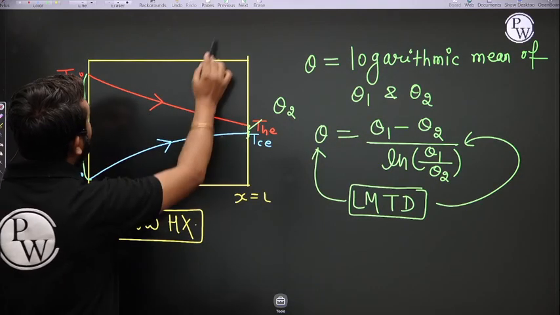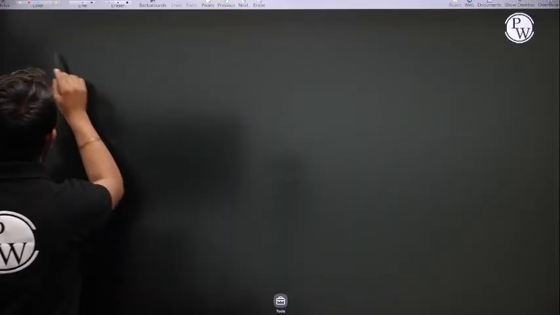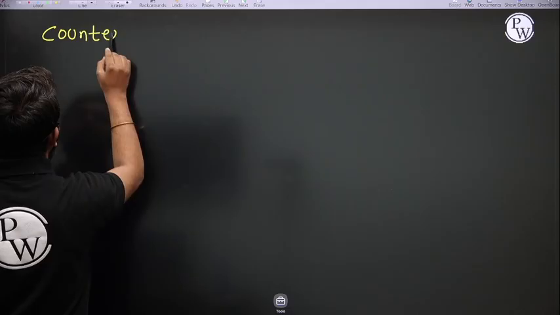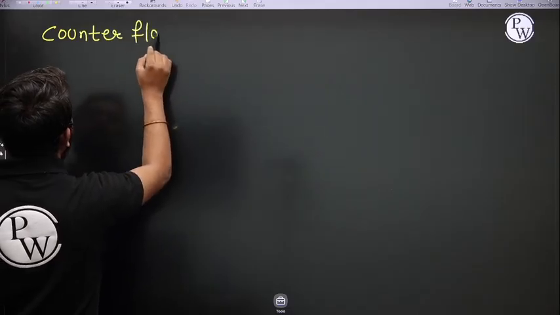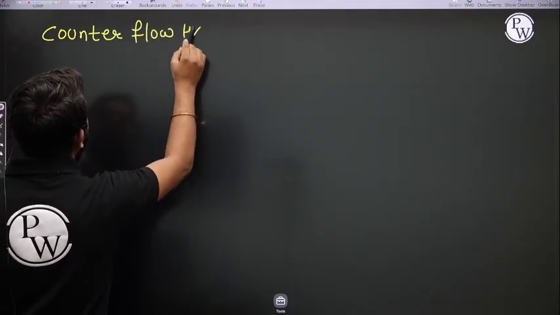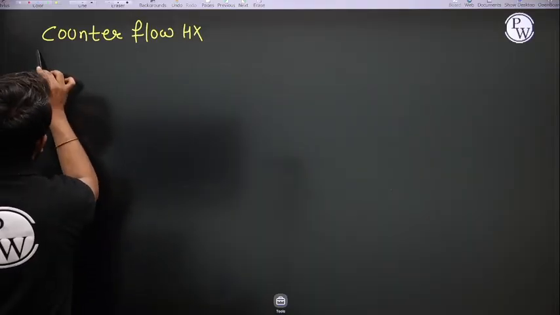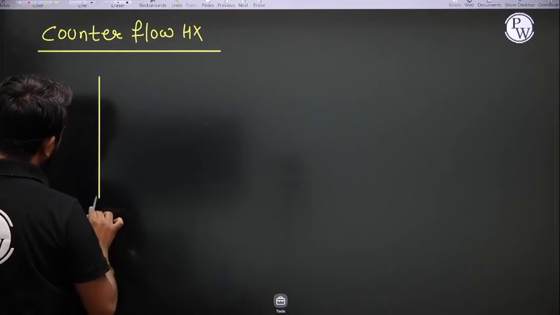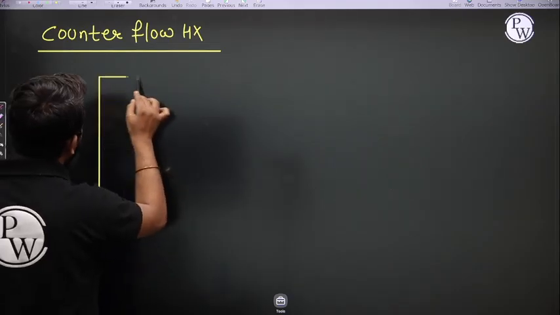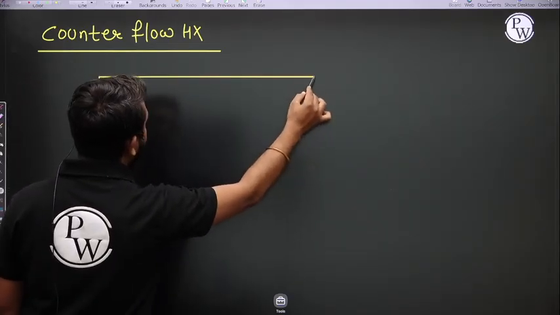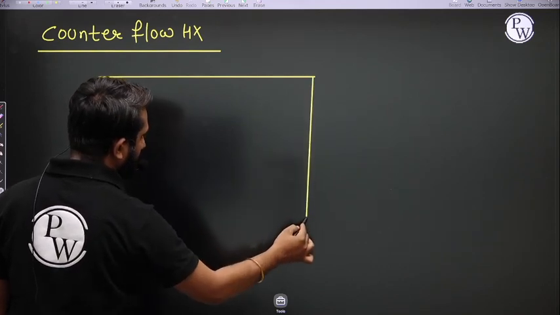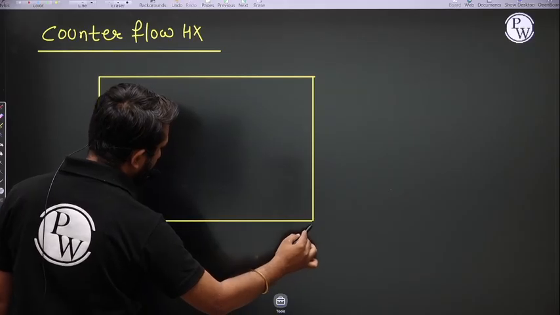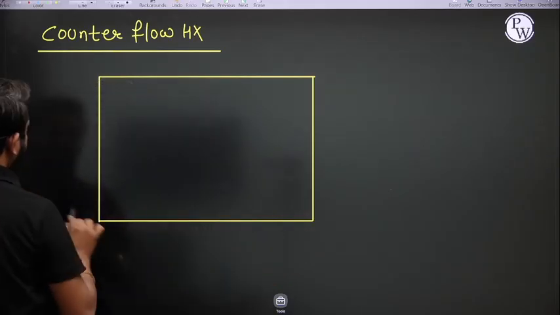Now come to the next one, the counter flow heat exchanger. In the counter flow heat exchanger, again I am considering the temperature variation. This is x is equal to 0.